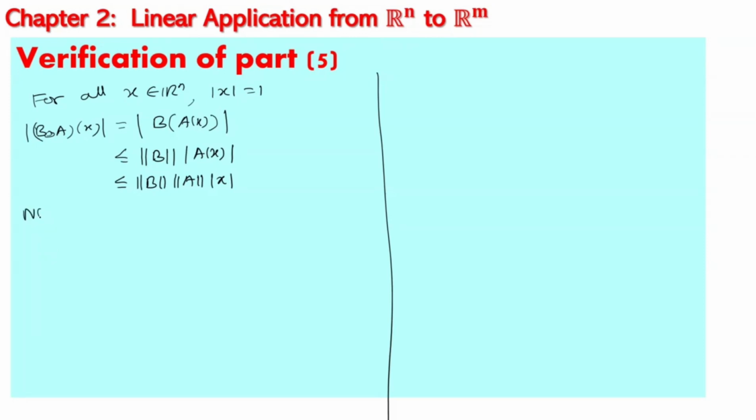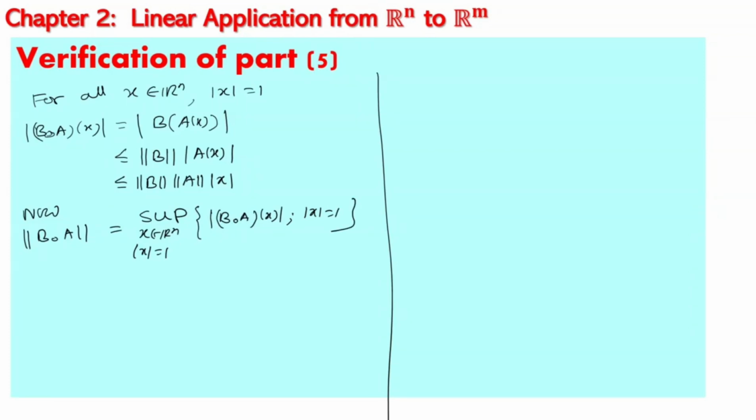So this bounds the absolute value of (B composition A)(x). Now we have the norm of B composition A, which is equal to the supremum over x belonging to Rn with mod of x equal to 1 of the absolute value of (B composition A)(x).